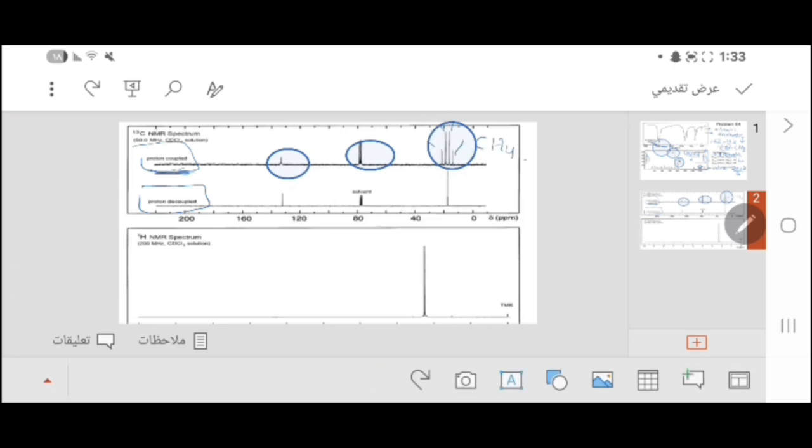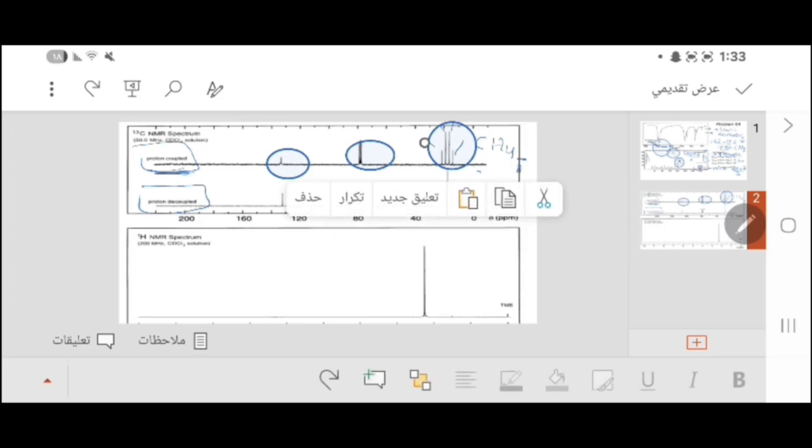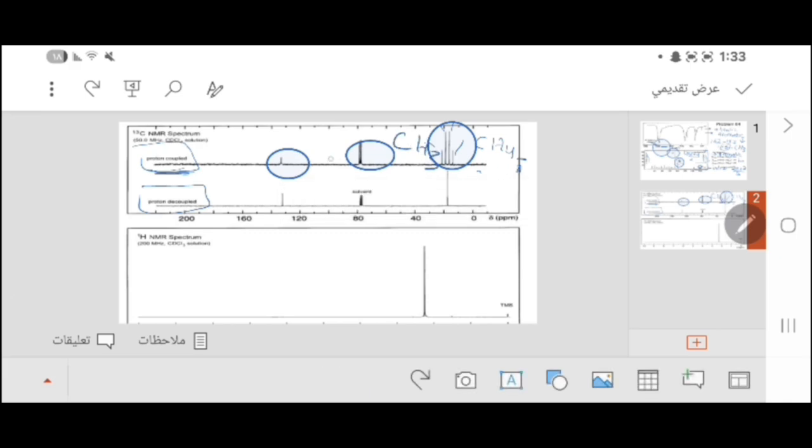We should subtract 1 from it, okay? Like for example, we're going to have here a CH3, and here we have 2 peaks, which is CH, okay? And here we have 1 peak, which is C only, okay?